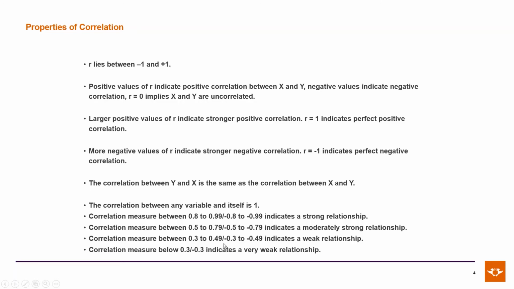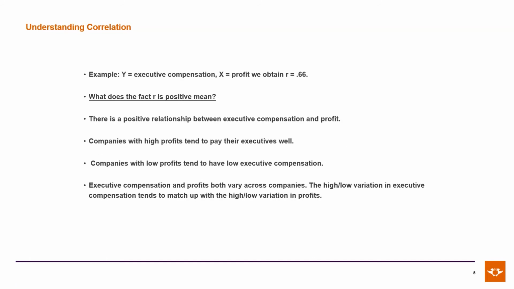So just an example, executive compensation being Y and profit obtained being X, we've got an R of 0.66. So here we want to see whether, if there's an increase in profit, executive compensation goes up with it. Now we've got an R of 0.66. What does this tell us? Firstly, it tells us that there's a positive correlation, right? Because it's not minus. In other words, it's positive.